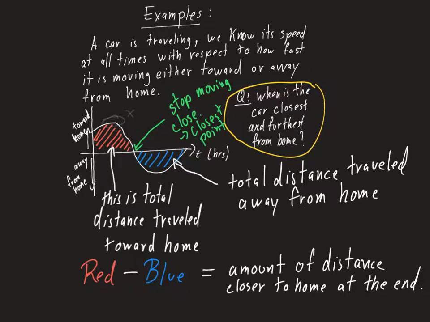But you're still going towards home during this entire section in red. So once you stop moving closer to your house or to your apartment, let's say, that is the point where you start moving further away. And that specific moment is going to be where you are closest.